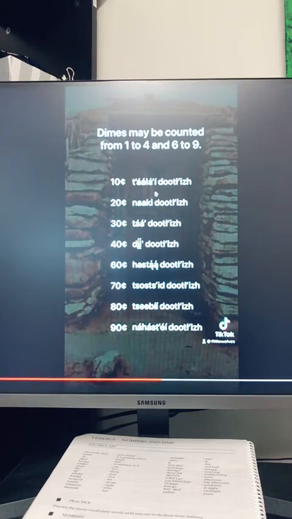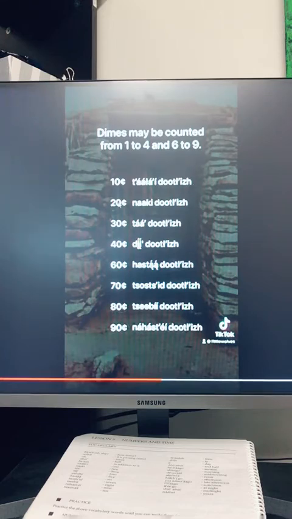So for 10 cents, you're essentially saying 1 dime. You know that dotlij means dime, and you know the numbers 1 through 9, right? So t'ala means 1, dotlij means dime. So when you say 10 cents, you can say t'ala dotlij.